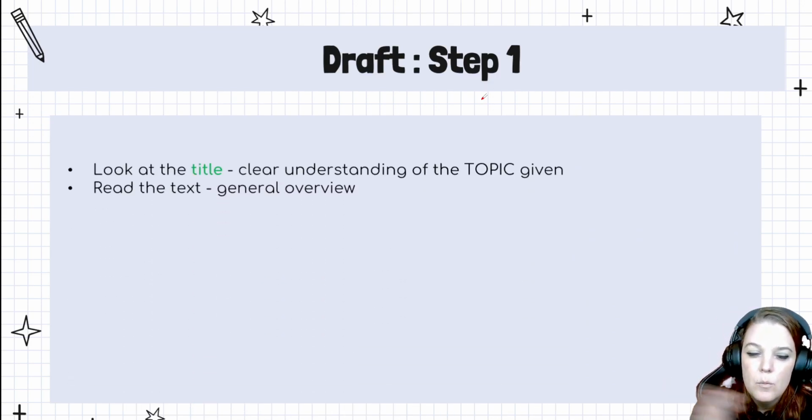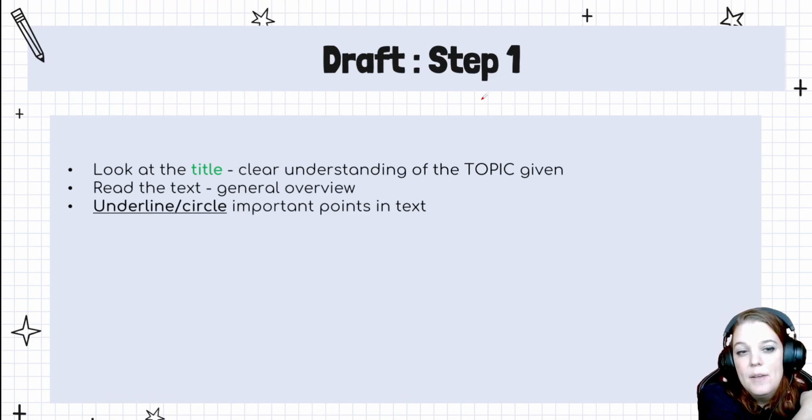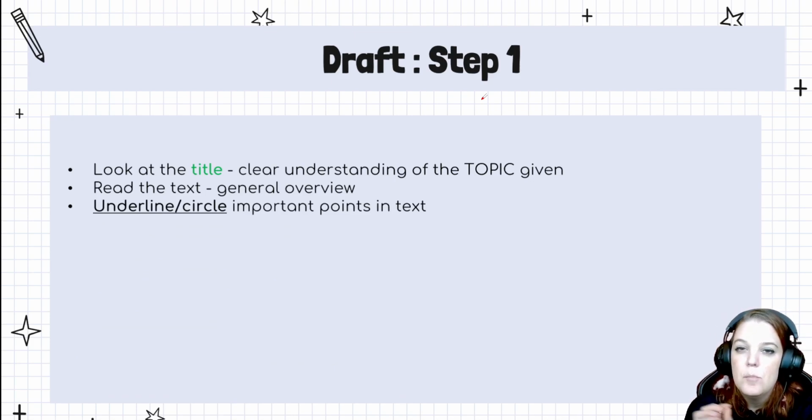Okay, and then it says read the text. You just need to read it once, get a general overview of what the text is about. It's always good to do that. And then underline or circle any important points from the text, again looking at what they would like us to summarize.